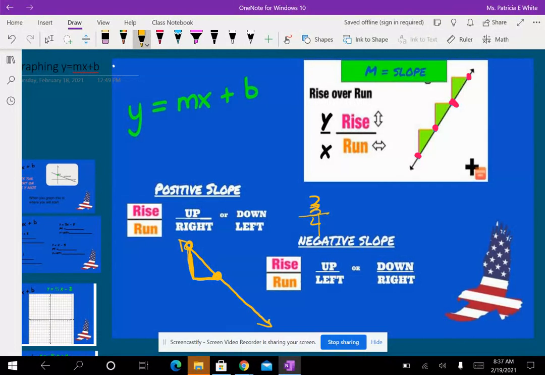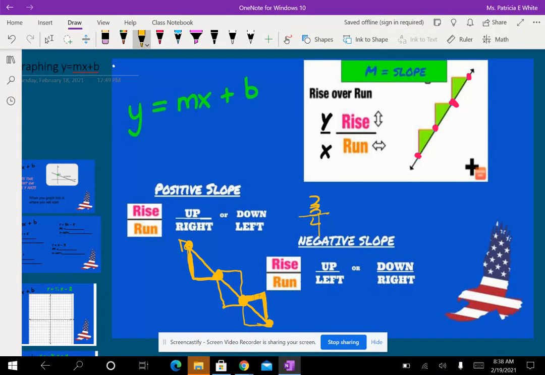Now, we're not going to draw those steps. I'm just showing you that for the moves. Down, right, and I'm going to get back to my line. This is how I'm going to create my line, by these moves. I could go up and left. Up is a positive move, left is a negative move, but I get right back to my line, up and left.